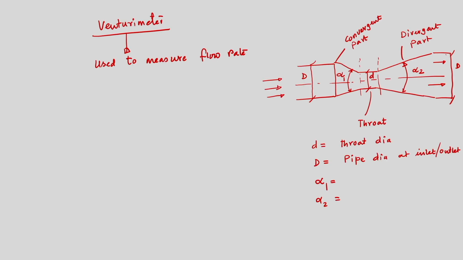These are the cone angles, the angles of the convergent and divergent parts. Alpha 1 is near about 20 degrees plus or minus 2 degrees, and alpha 2 is 5 to 15 degrees.